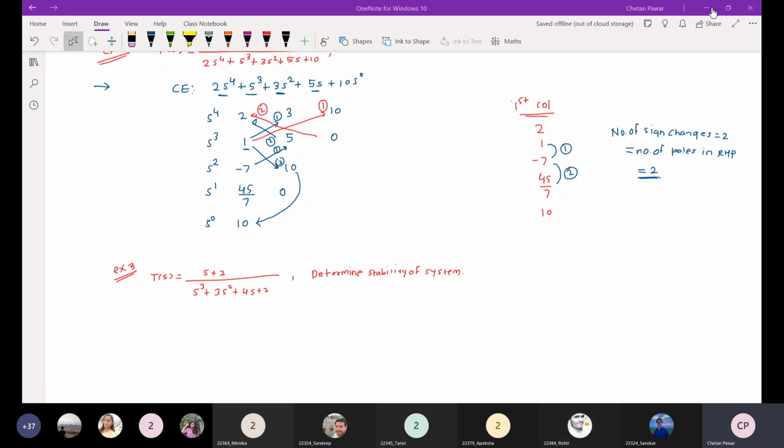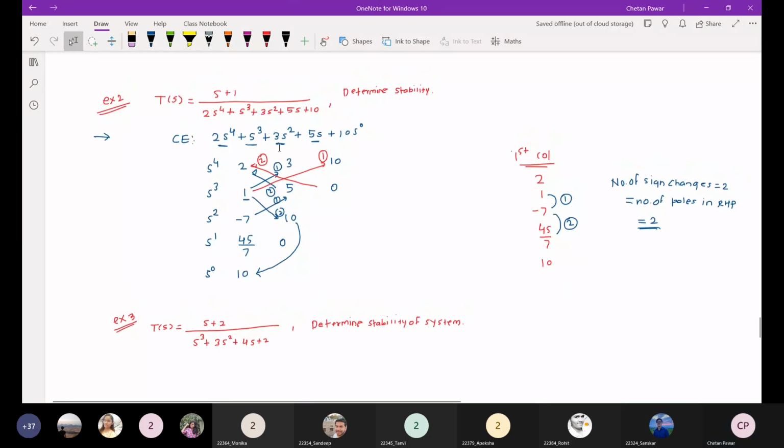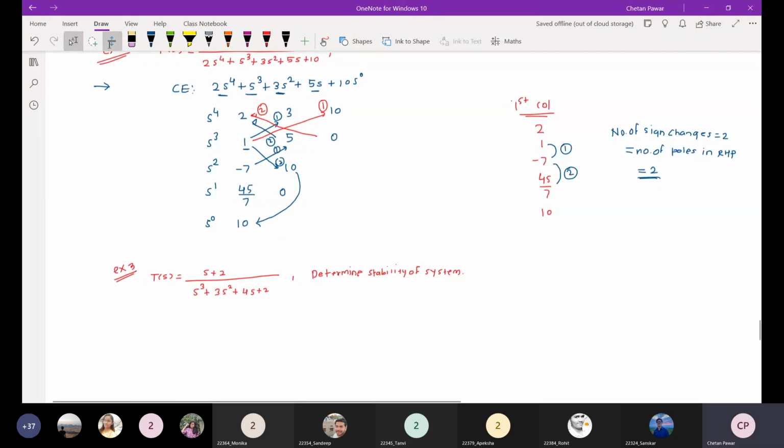No. Okay. Now order of the characteristic equation is 4. So how many closed loop poles are there? If order of the characteristic equation is 4, so how many closed loop poles are there?